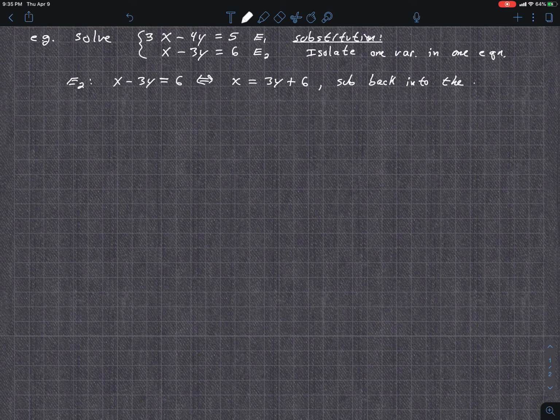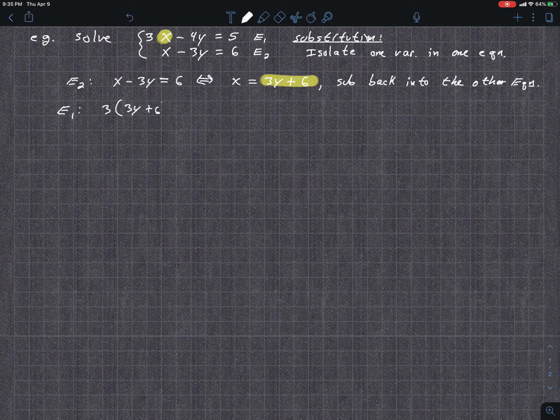Once you do that, you substitute back into the other equation, whichever one you didn't use in the first place. So it would be equation 1 in this case. You take the 3y plus 6 and substitute it for your x in equation 1, and then solve for y.